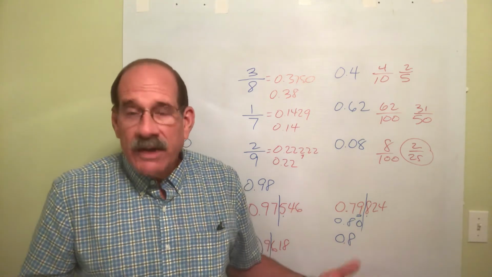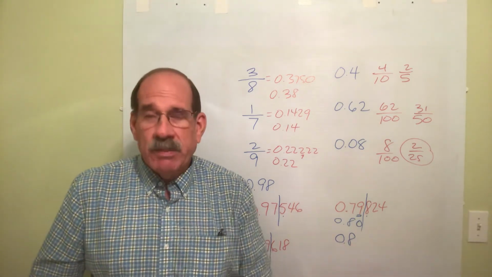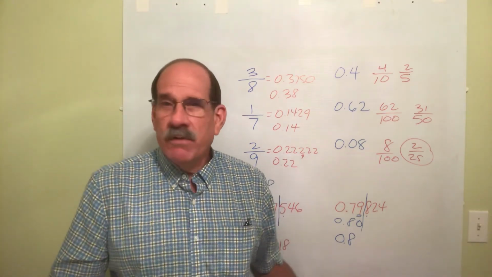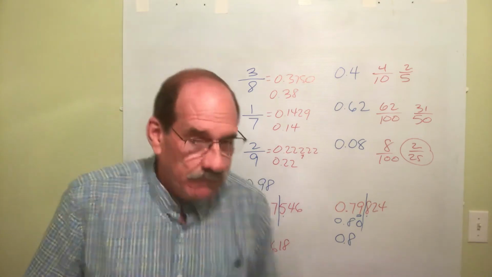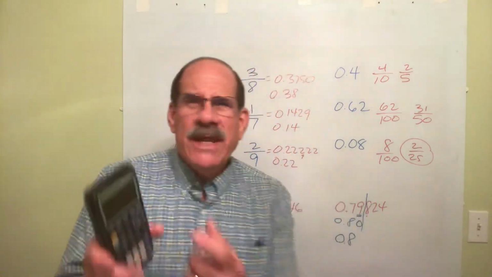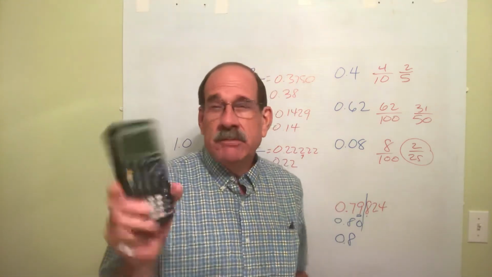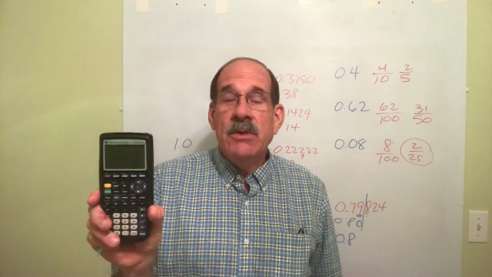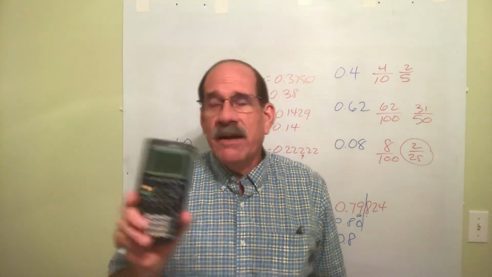Well, you need to know how to add, subtract, multiply, and divide decimal numbers. But I'm not going to go over all that because you'll have a calculator. On most machines like this, you can't do fractions on a calculator, but you can do decimal numbers. So I'm not going to waste your time.